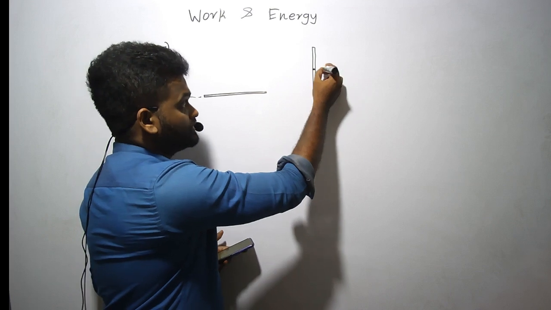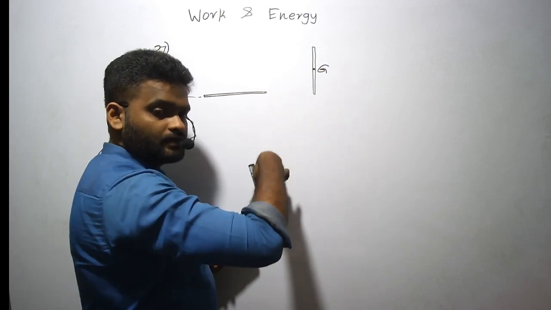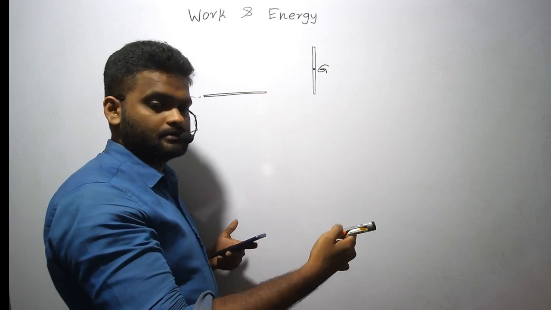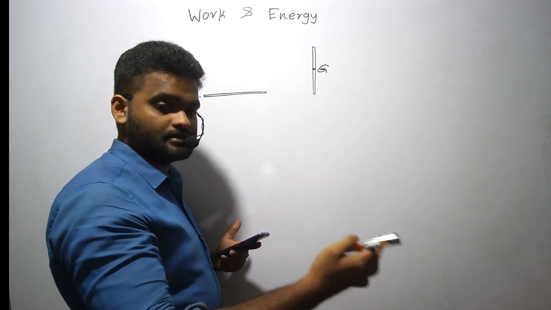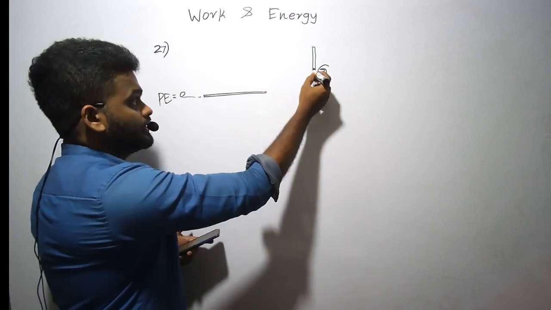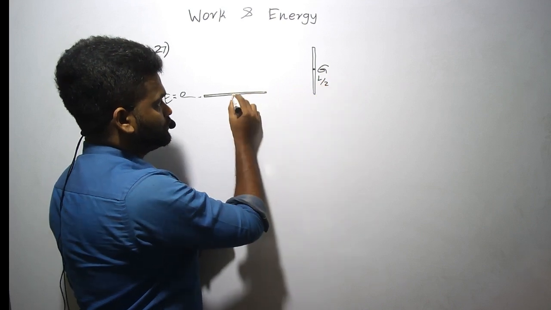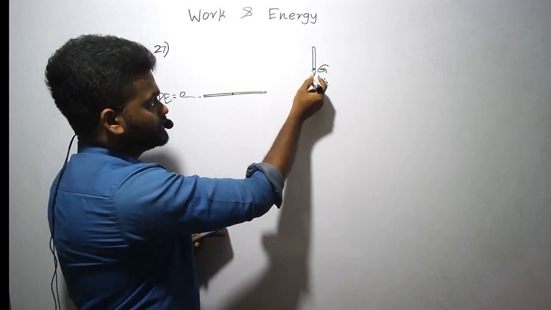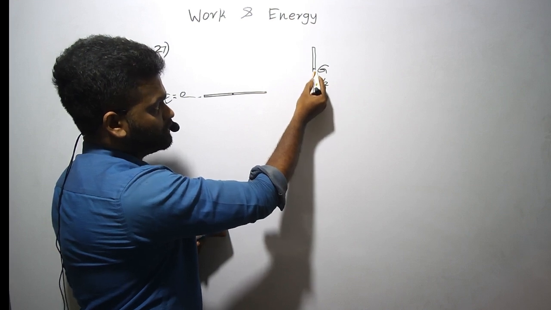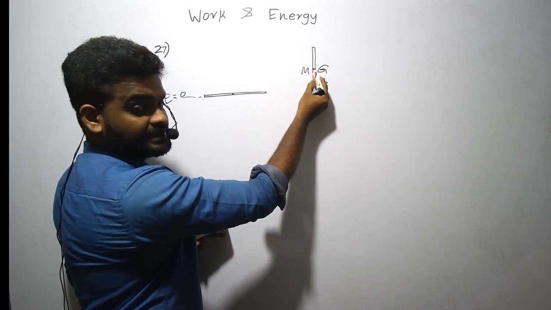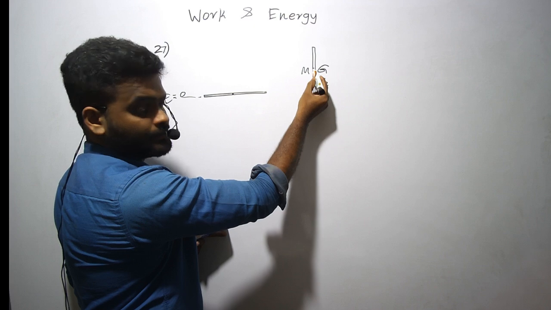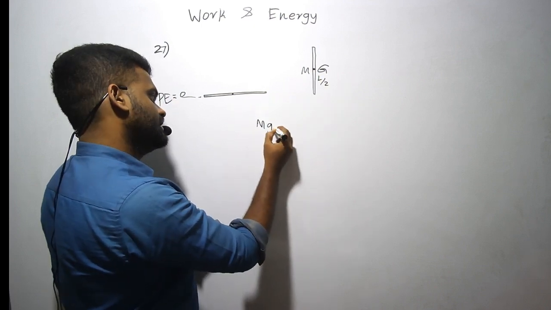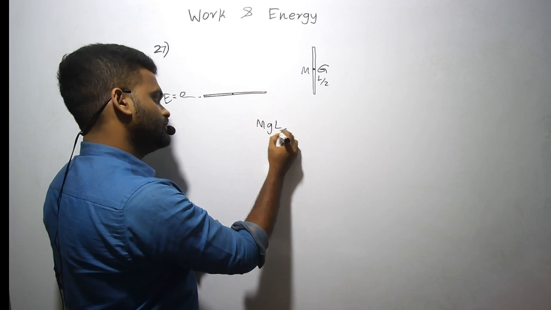You have to think about the elevation or the lowering of the center of gravity for an object which has length. So you can consider that whole object to be a point object. You just have to think about this point. All the mass is contained in this point, the center of gravity. So it is elevated by L over 2. So what is that? mg times height L over 2.